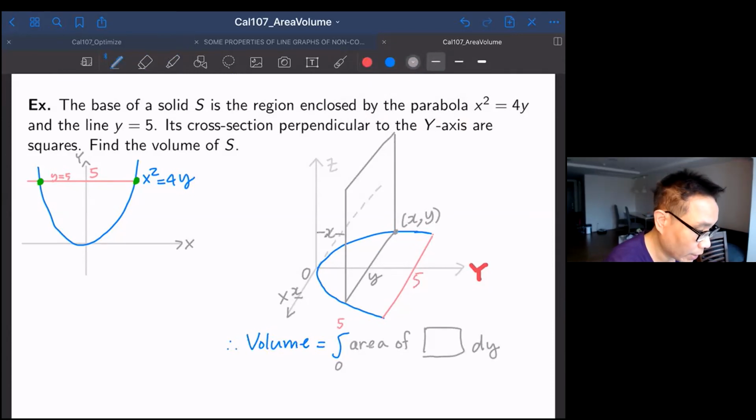So you have x and negative x, and for this point it's going to be negative x and y. You see this one in 3D, and this will be your xy.